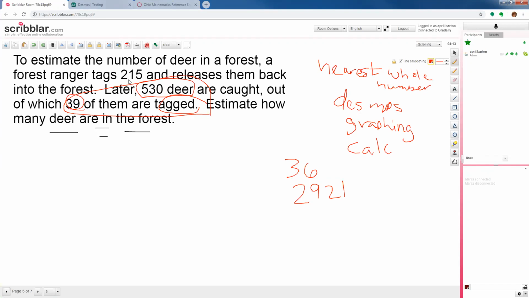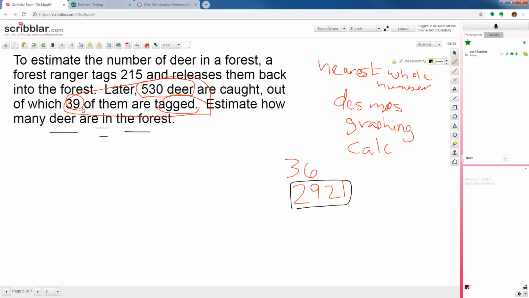So if they've tagged 215 deer total, your answer should be a bigger number for the amount of general deer. Okay. Oh, okay. So then it is 113,950. That sounds like a middle step of the problem. Your answer of 2921 is actually correct. So let's see how we get there.